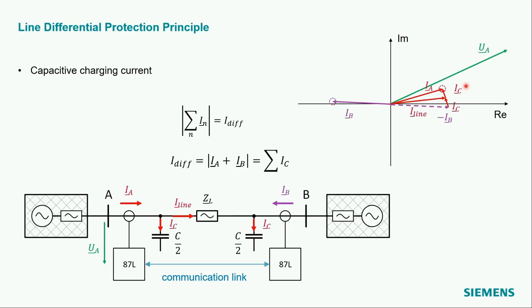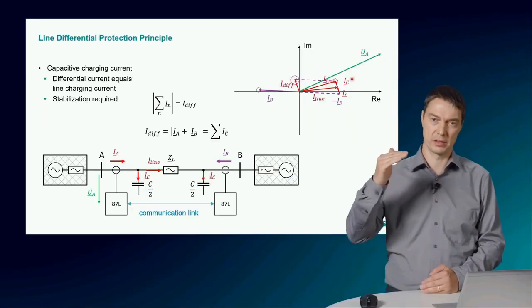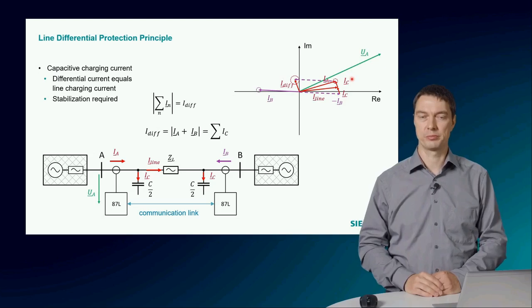The sum of both current phasors results in a differential current IDIF. This will result in quite a significant differential current, which is the charging current of the line. This needs to be considered for the relay setting. The minimum differential current pickup threshold must be set higher than this expected charging current.